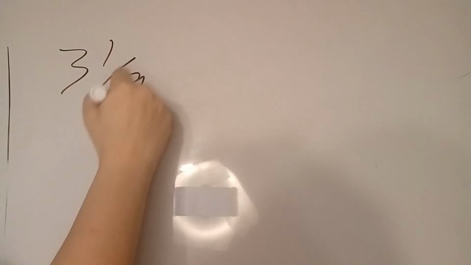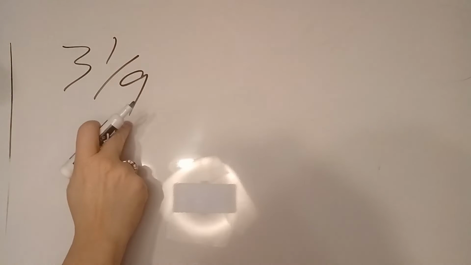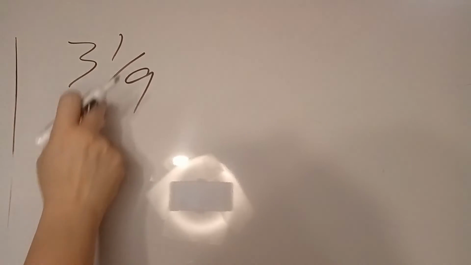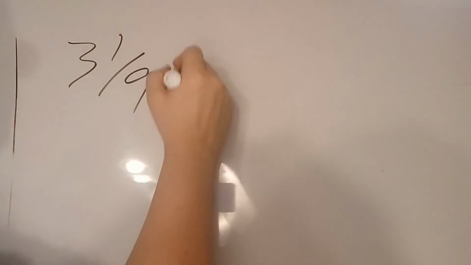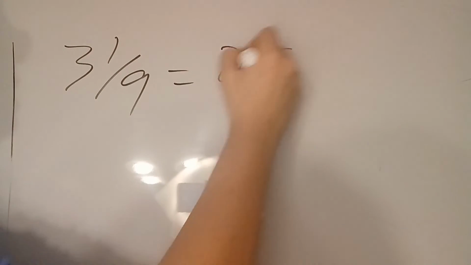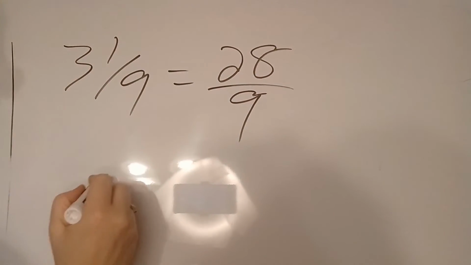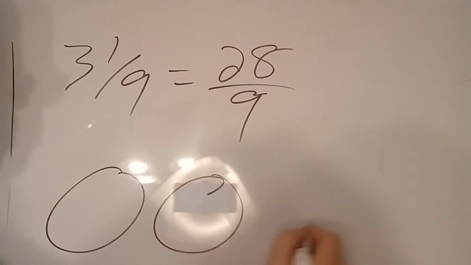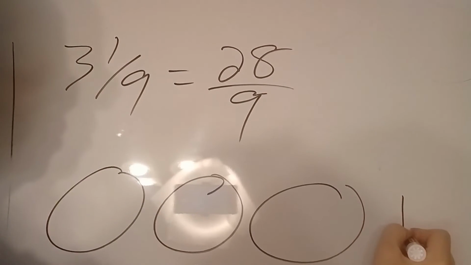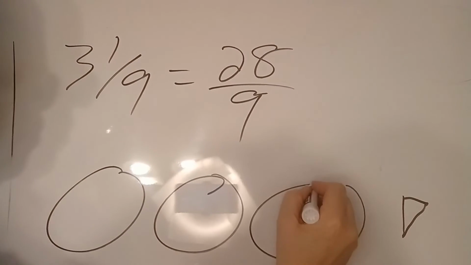Three and 1/9. That means the whole takes 9. So the 3 is going to give us 27 pieces. Plus 1 is 28. 28/9. So we got 3 and 1/9.